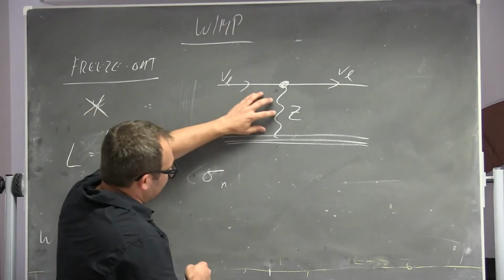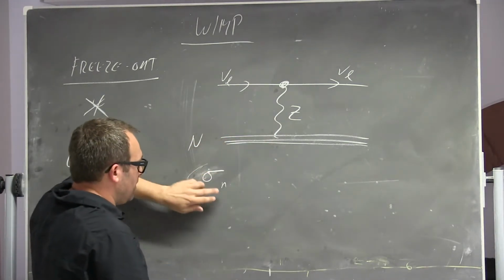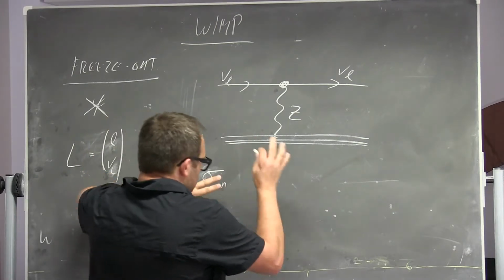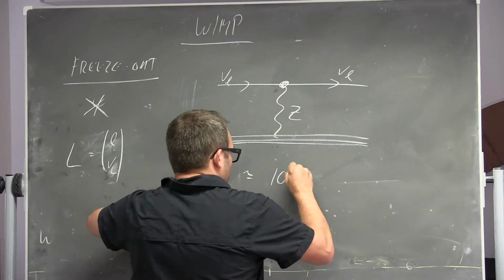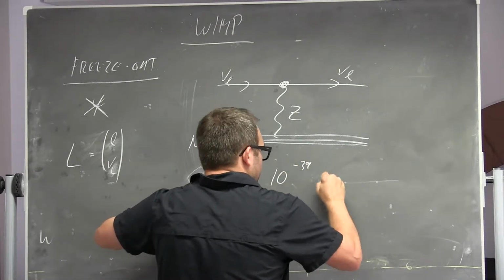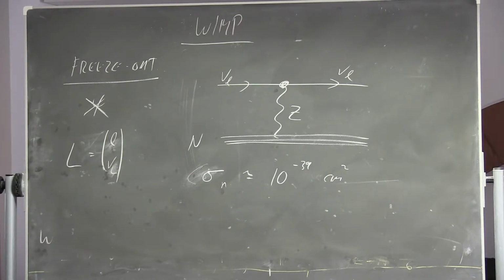So really the Z is coupling off the entire nucleus, but then we turn that into an effective interaction onto just a single nucleon. And you compute this number, and you find it's approximately 10 to the minus 39 centimeters squared, with some dependence on the mass, but okay.